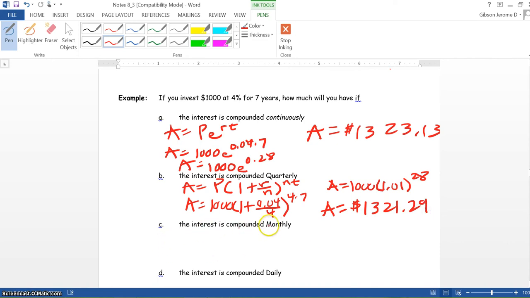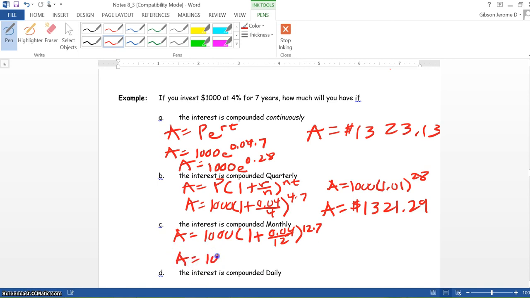Now we come here to C. The interest is compounded monthly. So we will have A is equal to, we will use the same formula. So we will have 1,000 and we will have 1 plus 0.04 all over 12 because it's compounded monthly, and our N is 12 and our T is 7.